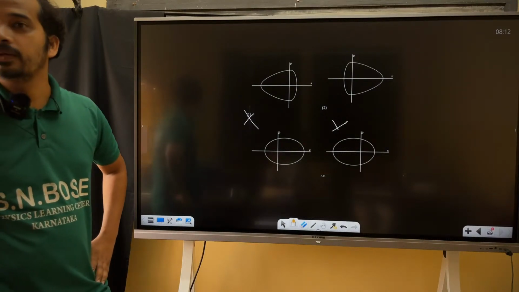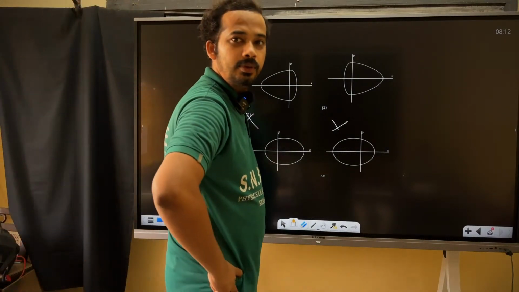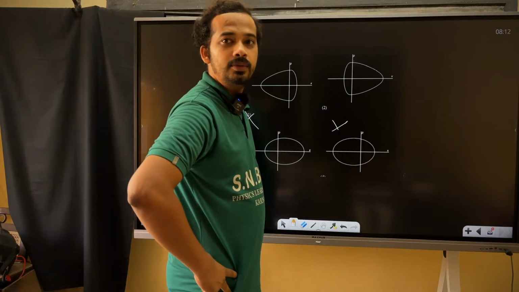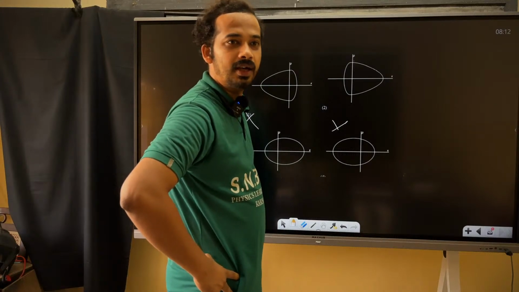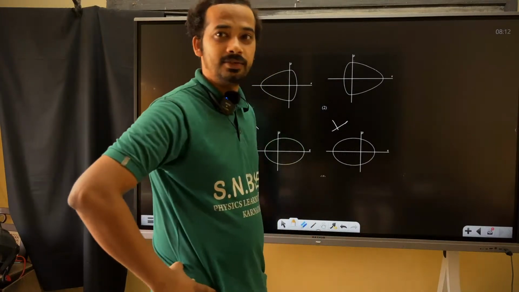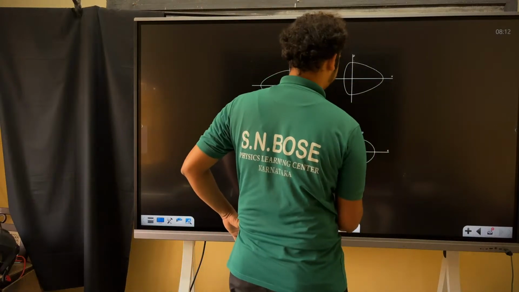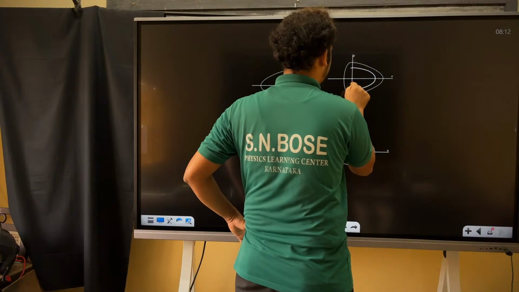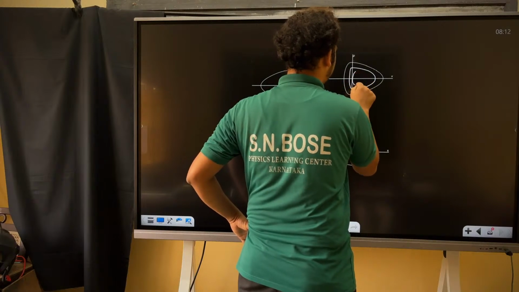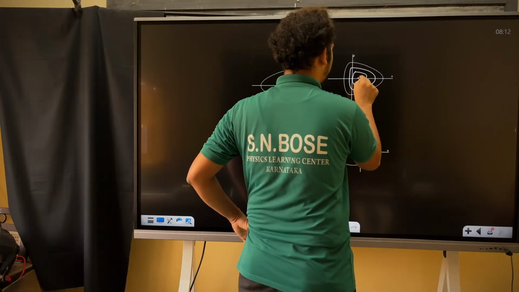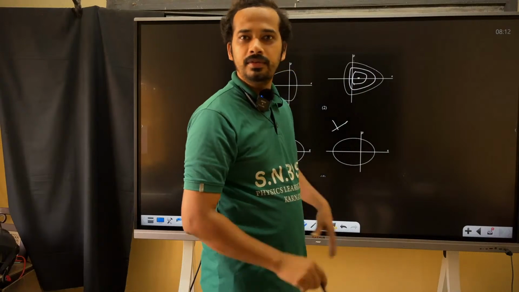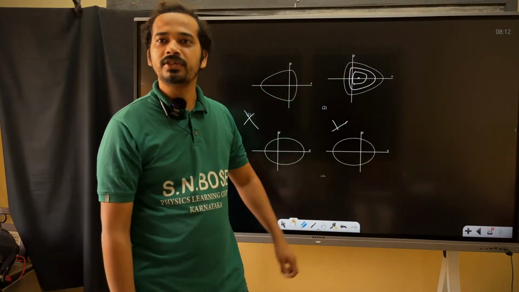Why option 2? While going, it's reaching maximum value in less time, faster or something. Exactly. What I see is, if I keep on shrinking this one, it will shrink at some positive x value. That is where I have potential minimum.